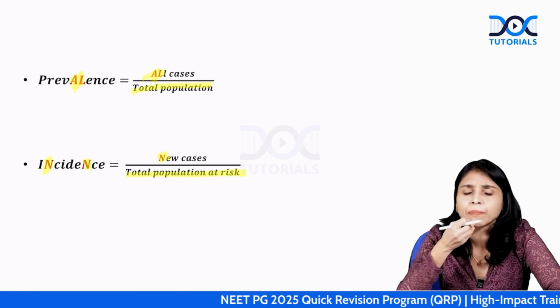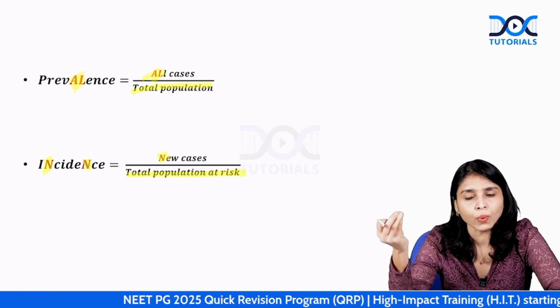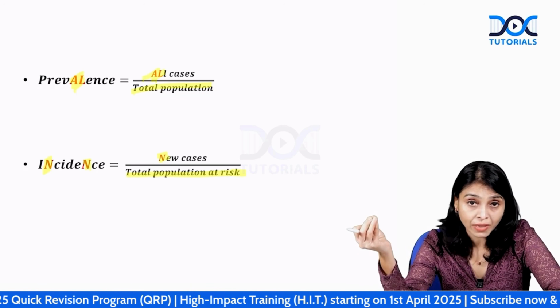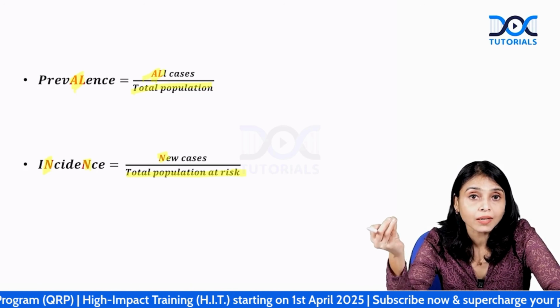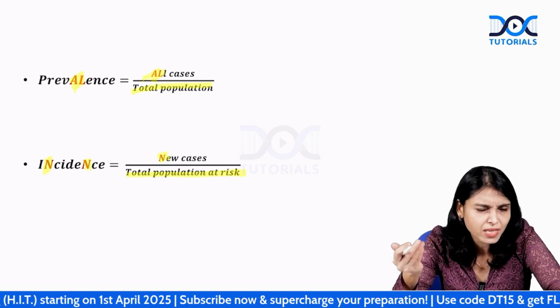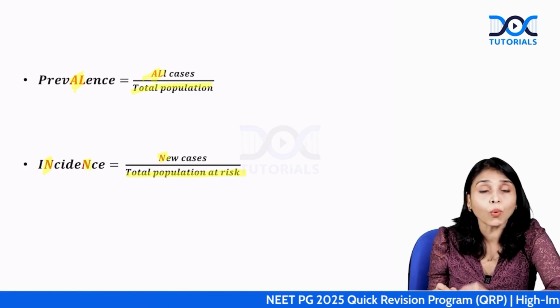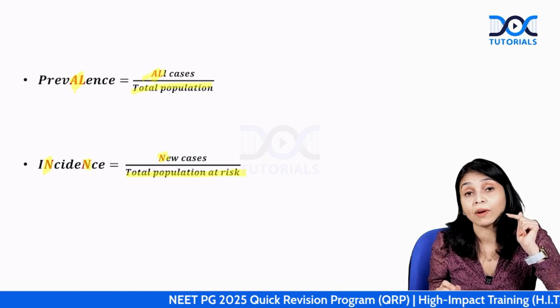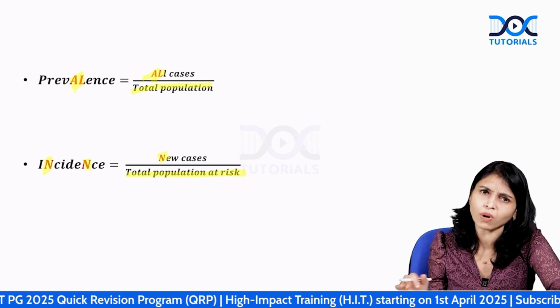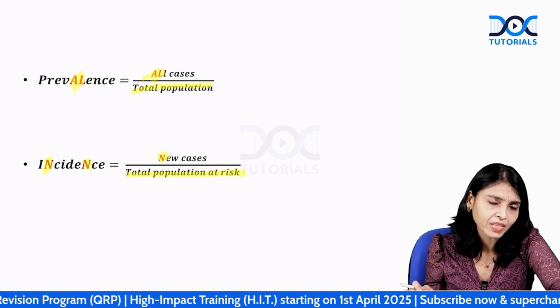For example, suppose you want to know the incidence of CA endometrium. You can't include males in the denominator, right? Because they are not at risk. I hope the message is clear. So only those who are at risk of developing the outcome should be there in the denominator. Whereas in prevalence, the whole population you are putting in the denominator mainly.